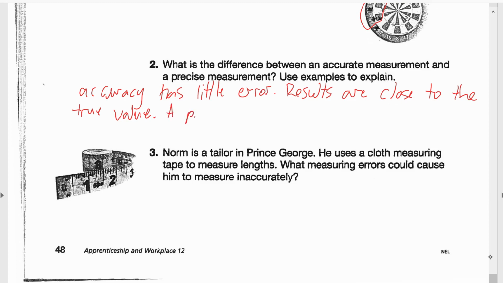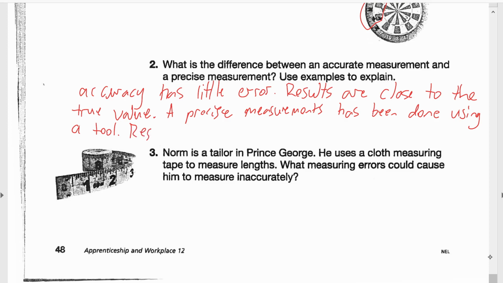And a precise measurement has been done using a tool where results are repeated easily with similar outcomes.